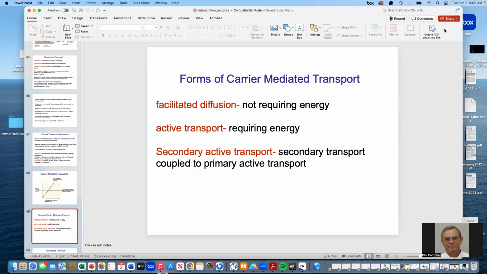He has to go and fill a bucket, climb the ladder, and pour it in the bucket, then he can have a shower. So he has to expend energy such that he can get that water. That's the same thing. You don't have a gradient, you're going against the gradient, so you have to expend energy. So that's active transport and facilitated diffusion.